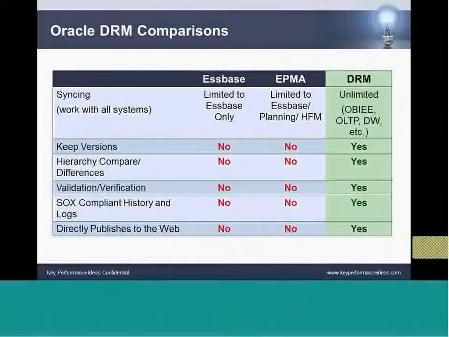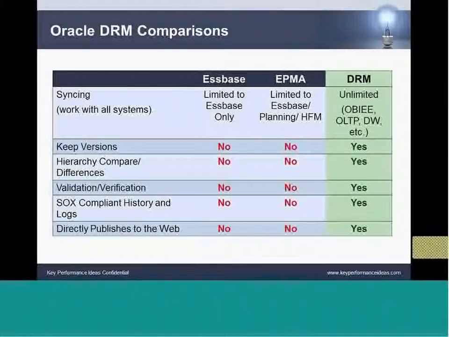SOX compliance. A lot of people, before using DRM, have been used to keeping email. If I request a department, I would keep email all the way from cradle to grave, all the approvals.